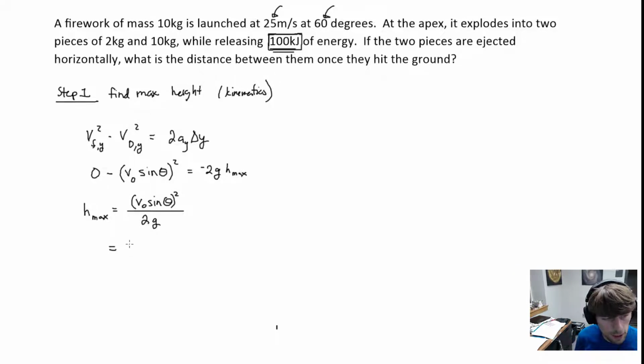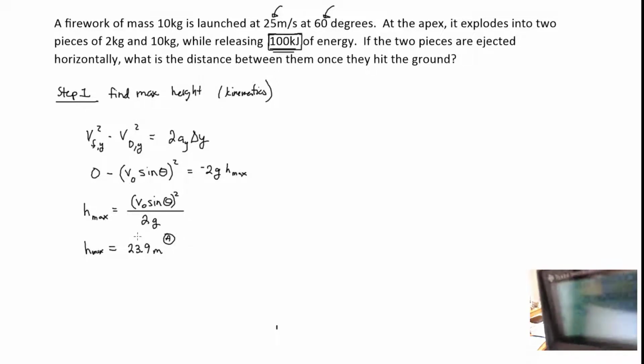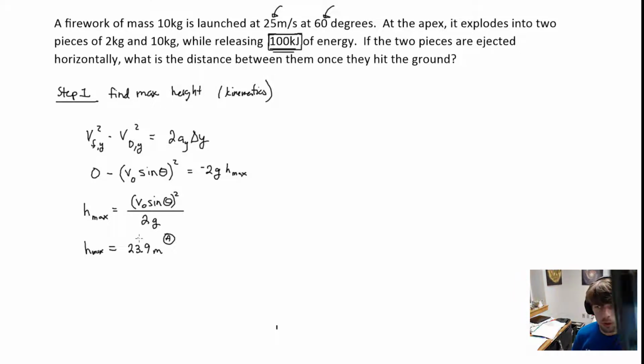I get something like h max is 23.9 meters. Just to let you know, I'm going to store that as variable a in my calculator. I encourage you, this is something that's smart to do: store it in your calculator. Make a note of what you stored it under. Then you know where it is.